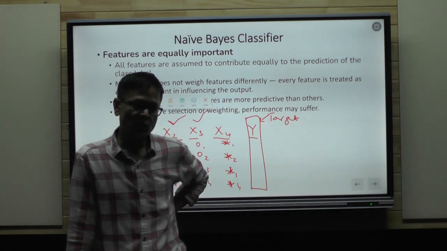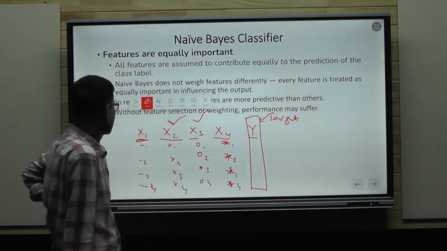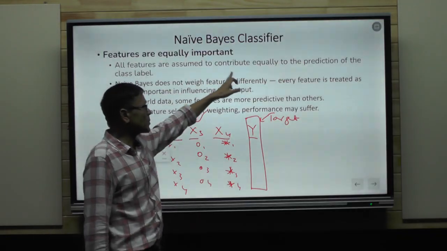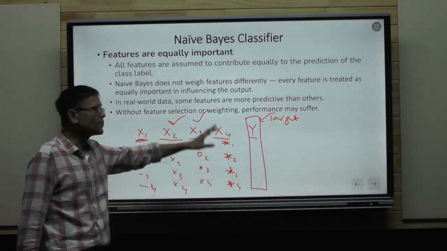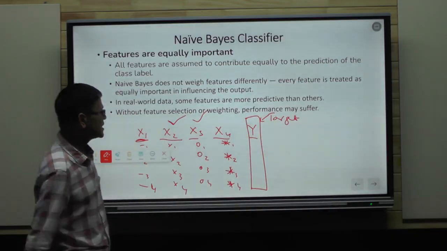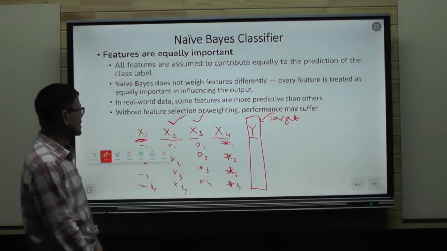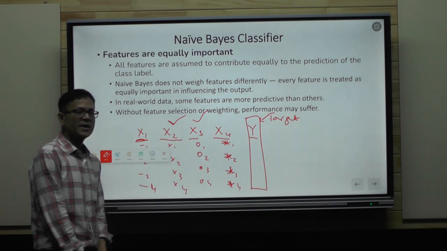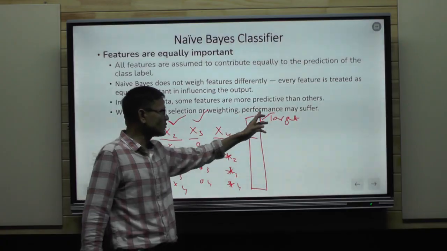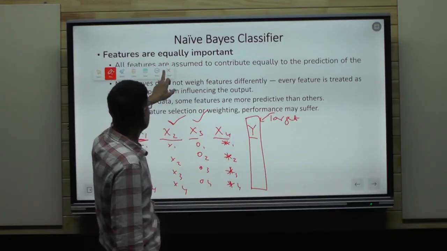So all features are assumed to contribute equally in determining the output. Naive Bayes does not weigh features differently. Every feature is treated as equally important in influencing the output. In real world data, some features are more predictive than others. Without feature selection or weighing, the performance may suffer. That is one of the assumptions.